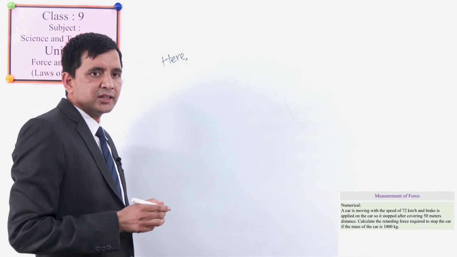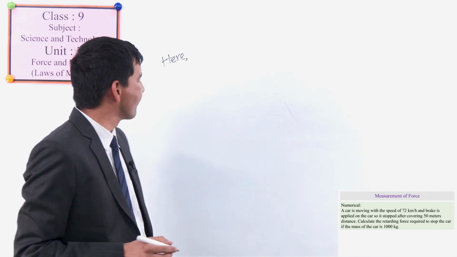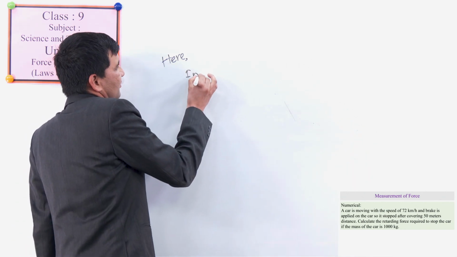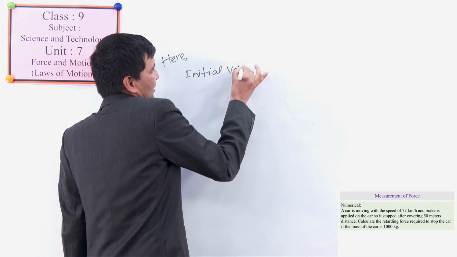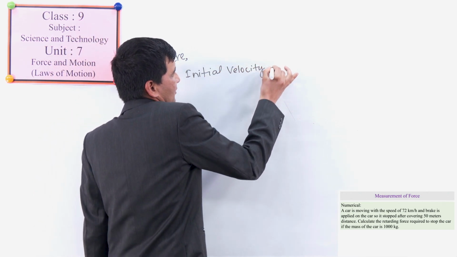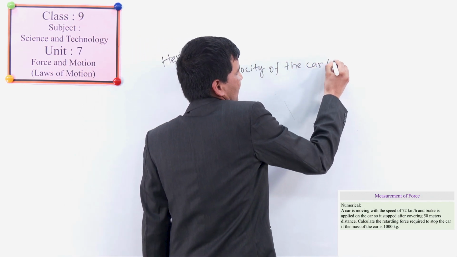Here, a car is moving with the speed of 72 km per hour. This is the initial velocity of the car, which is denoted by u.